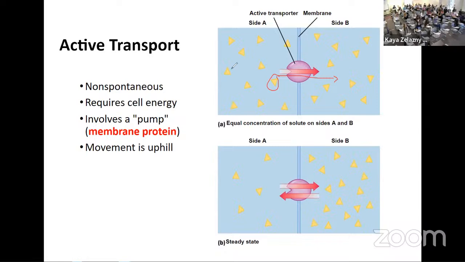And we're starting to pack stuff into one side. Okay? So this would require energy in some form. We then see that we can start to have other situations where we're moving stuff in two directions. Two directions can still be active transport. We'll talk about some examples of that.